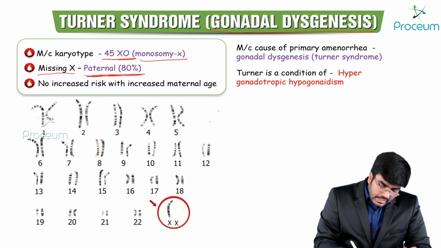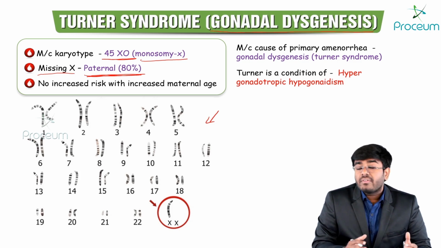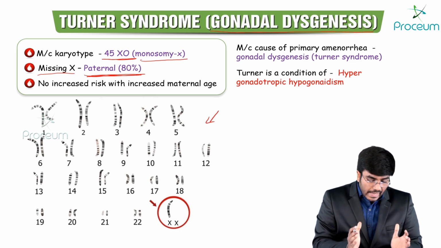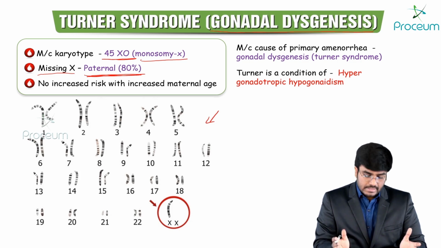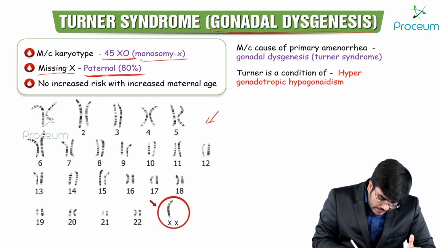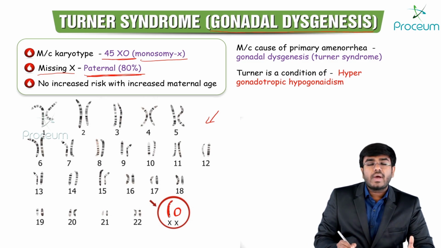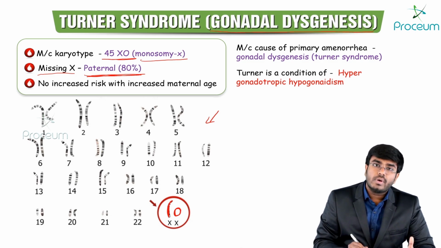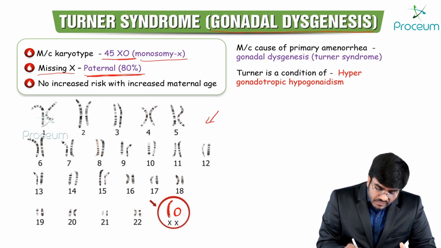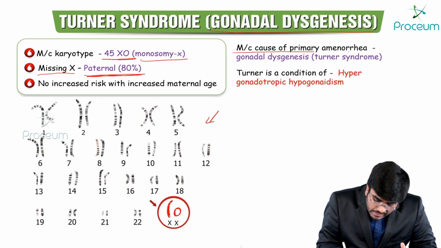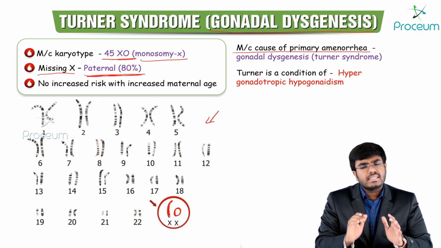Now, this is the image they will give you in the exam and they will ask you which disease this karyotype is showing. Guys, please concentrate that there is only one X chromosome and the other X chromosome is absent. So, it is a 45X0.